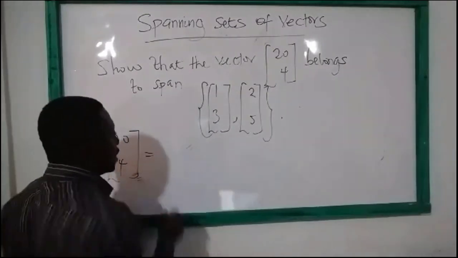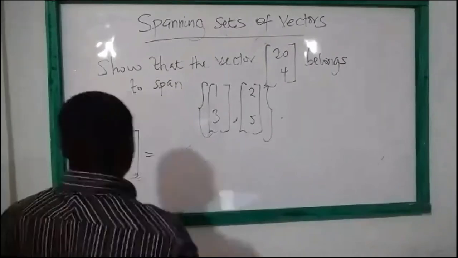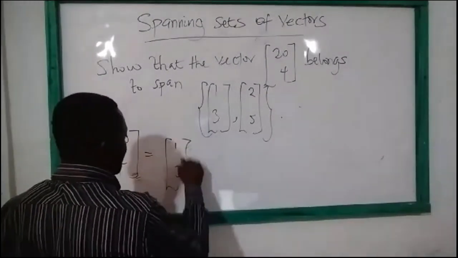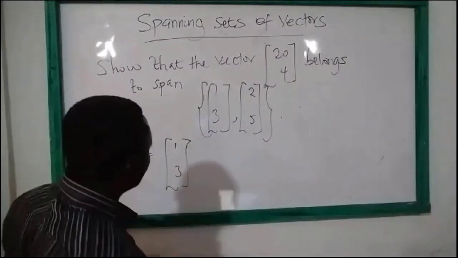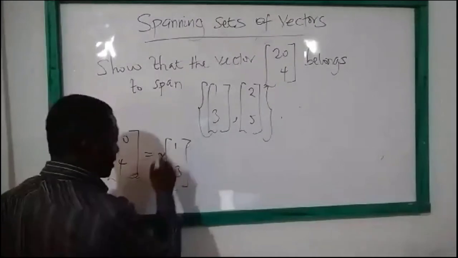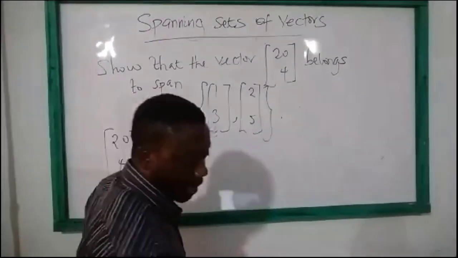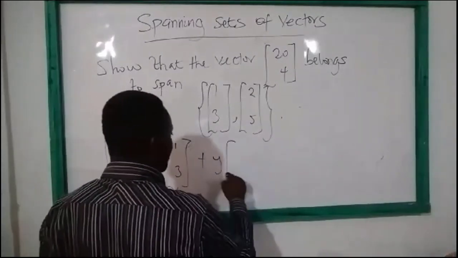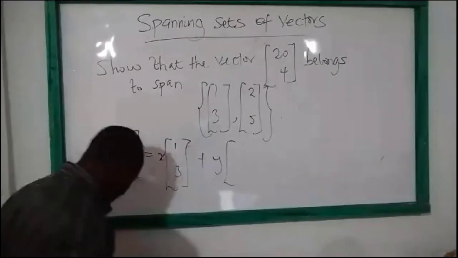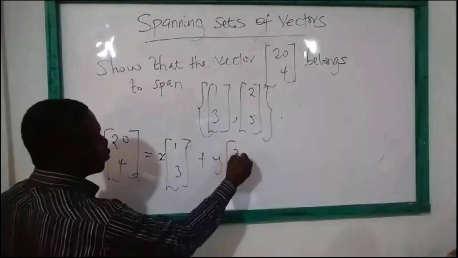Then we express the other vectors as a linear combination: (1, 3), and then you give a scalar, any scalar, so we can use x to represent the scalar, then plus the other vector, y times (2, 5).